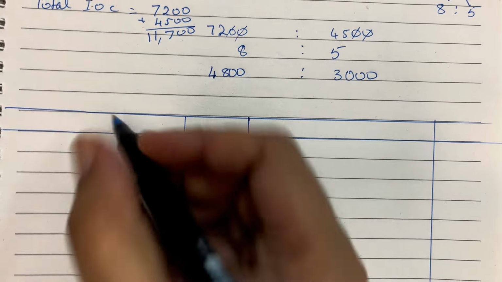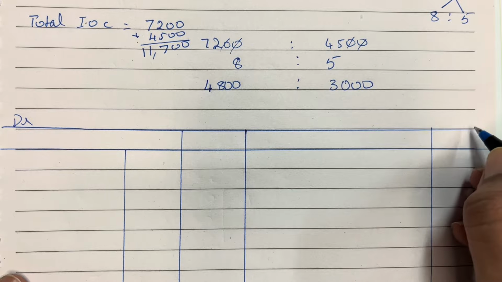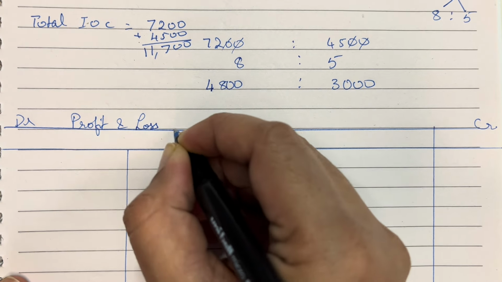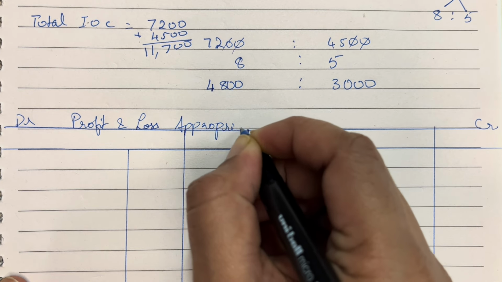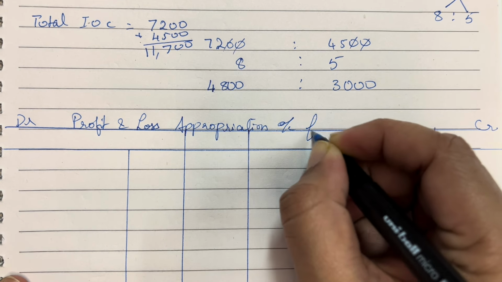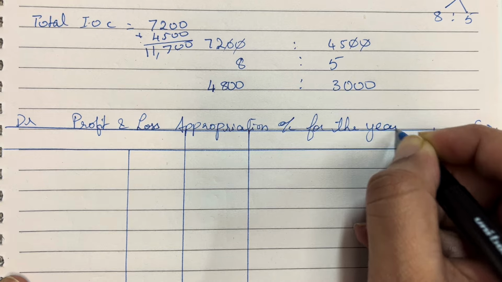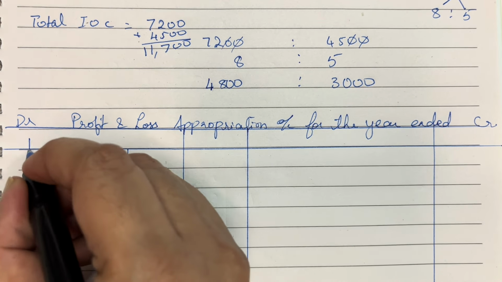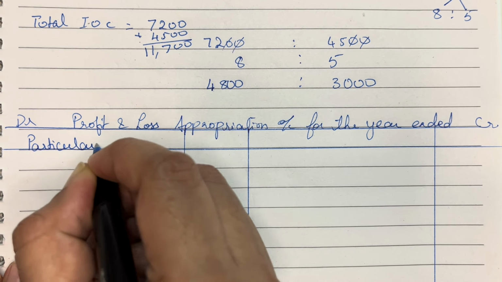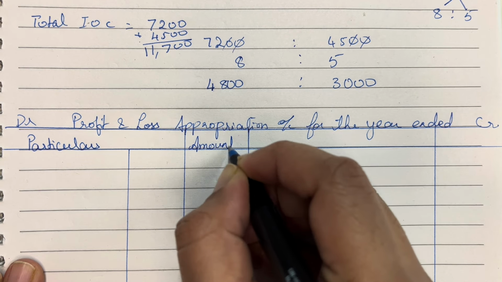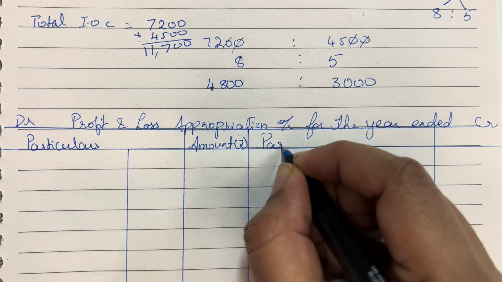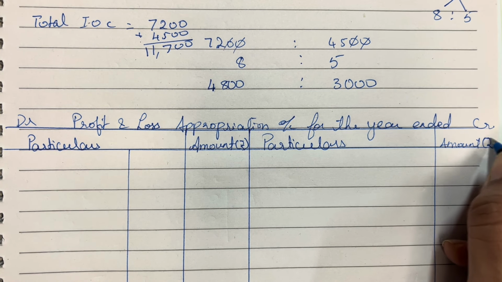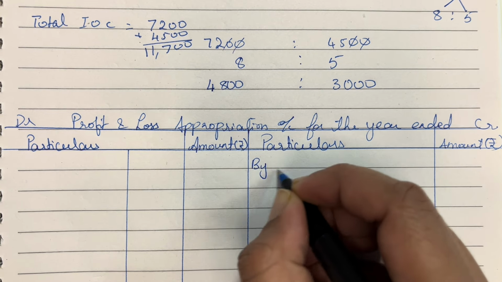There's nothing on this side, so it would be debit, credit, profit and loss appropriation account for the year ended, particulars, amount in rupees, again particulars and amount in rupees. We first write by net profit.